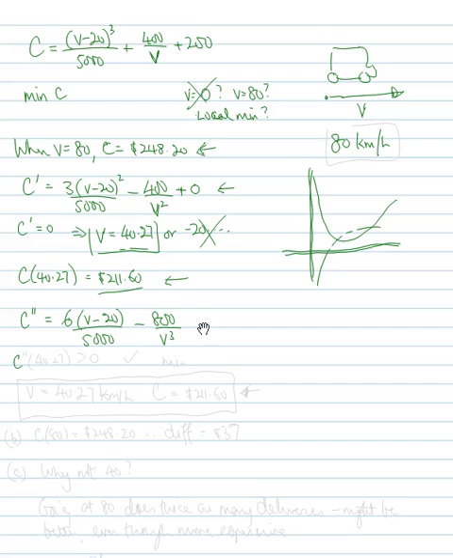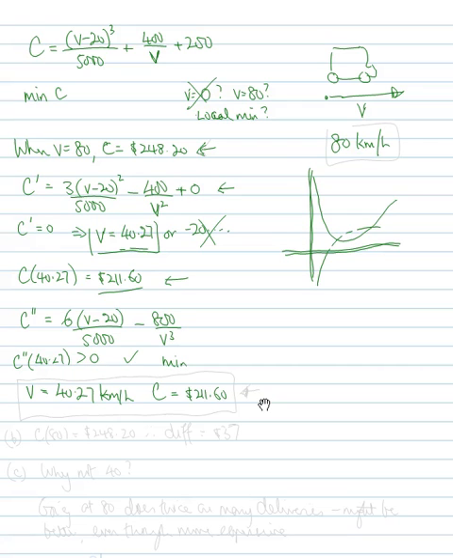You can plug that in and you get an answer which is bigger than 0. So yes, this is a minimum, because the second derivative is greater than 0. So our answer is that V equals 40.27 kilometers an hour, and the cost is $211.60.